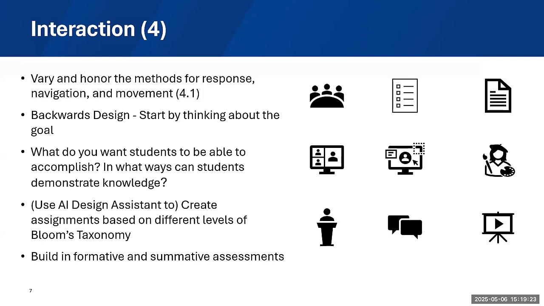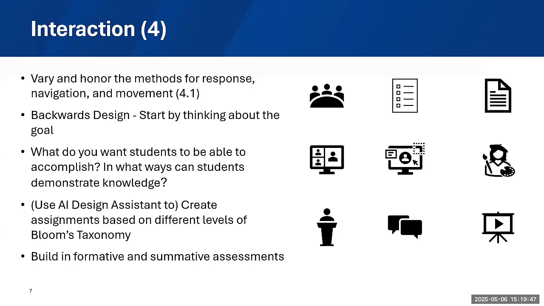So think about what the actual important part of this is, and then how we can vary the ways. Not everybody is great at presentations, and not everybody is great at papers. By giving students different ways to demonstrate, they can play to their own strengths, or maybe learn something new and go out of their comfort zone a little bit.